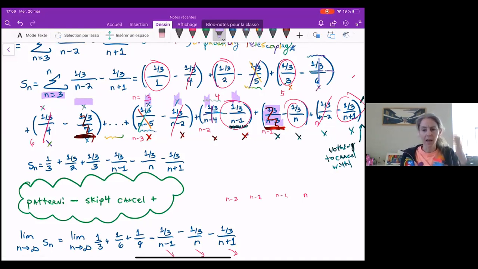So our pattern said, look at the negative one, skip 4 things, and then cancel it with the positive after that. So if I'm at this right here, negative 1/3 over 5, then I'm skipping the 4 things, 1, 2, 3, 4, and I'm canceling the next positive I see. Well, the next positive I see is the 1/3 over n minus 5, so that gets canceled out.